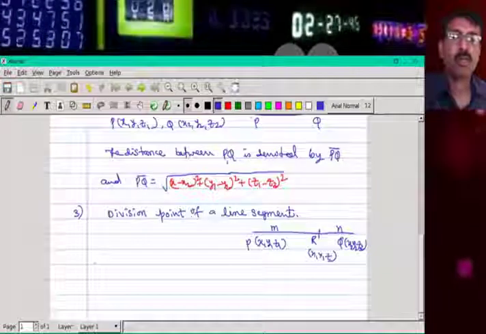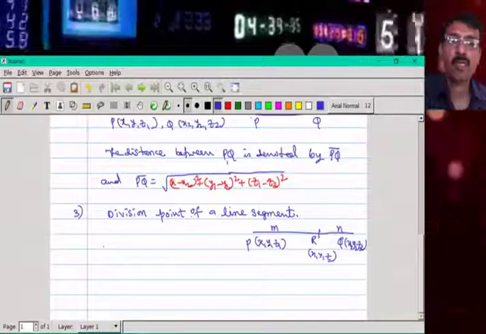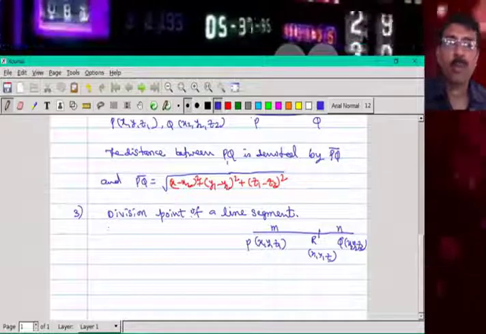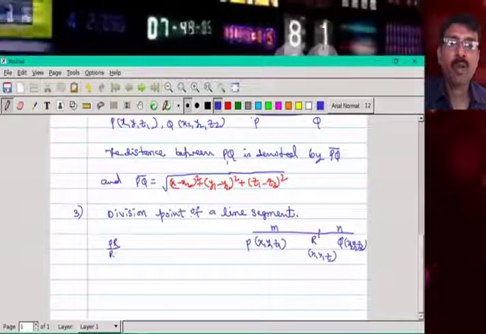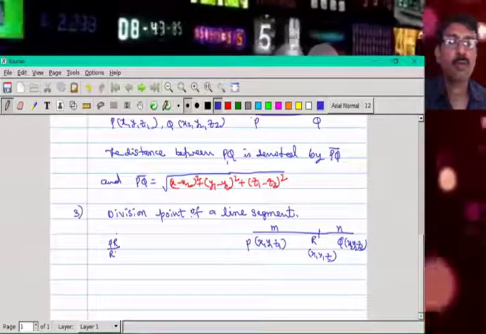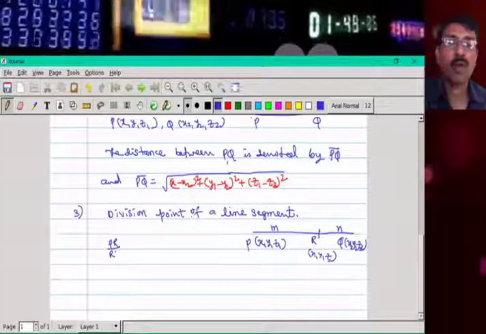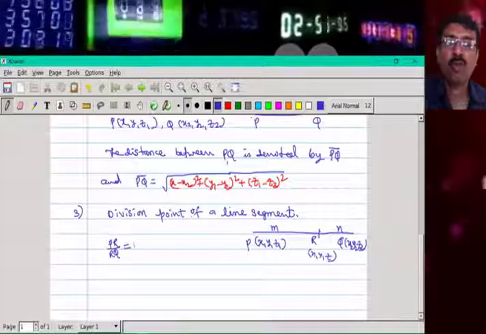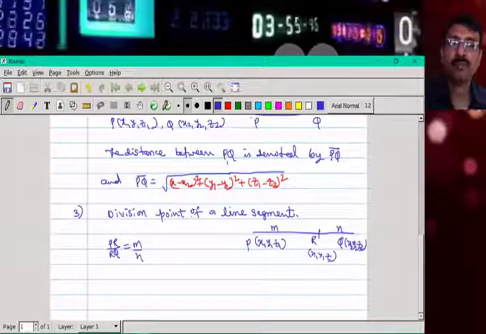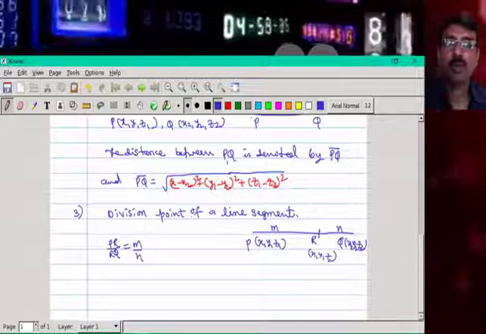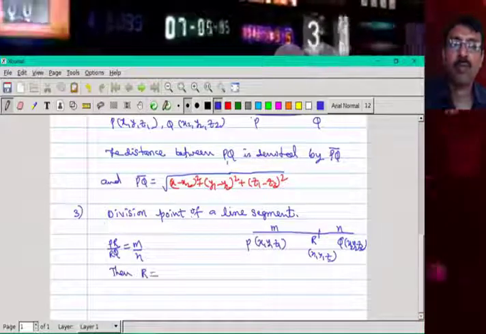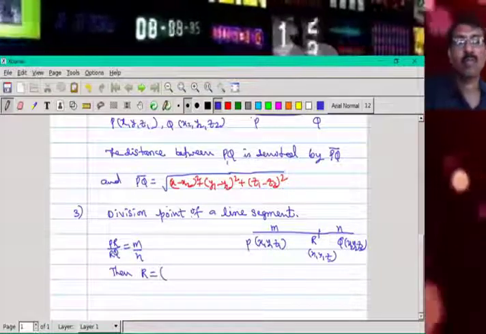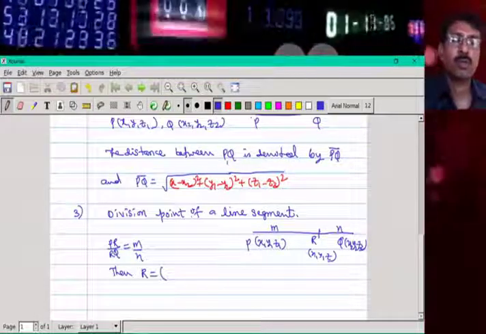If P, Q, R and m, n are known, we can write the coordinates of R. PR by RQ equal to m by n. Then R equal to, so the formula is very similar to that in three-dimensional geometry.